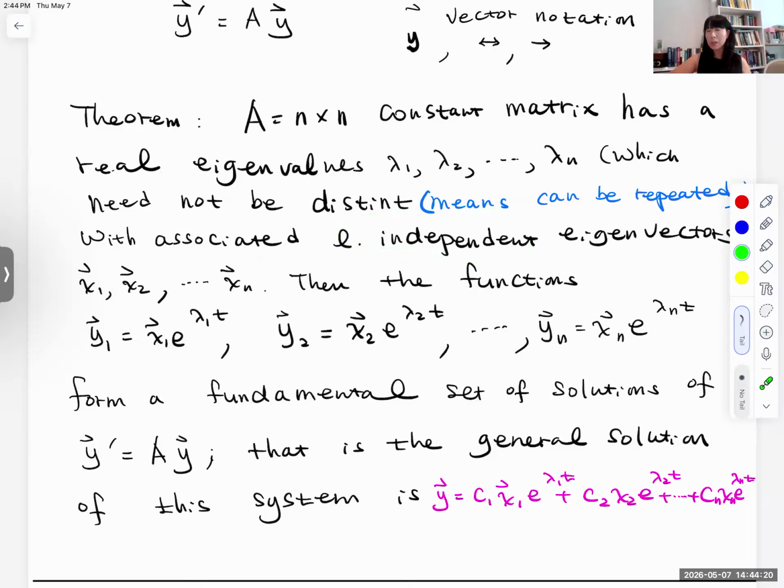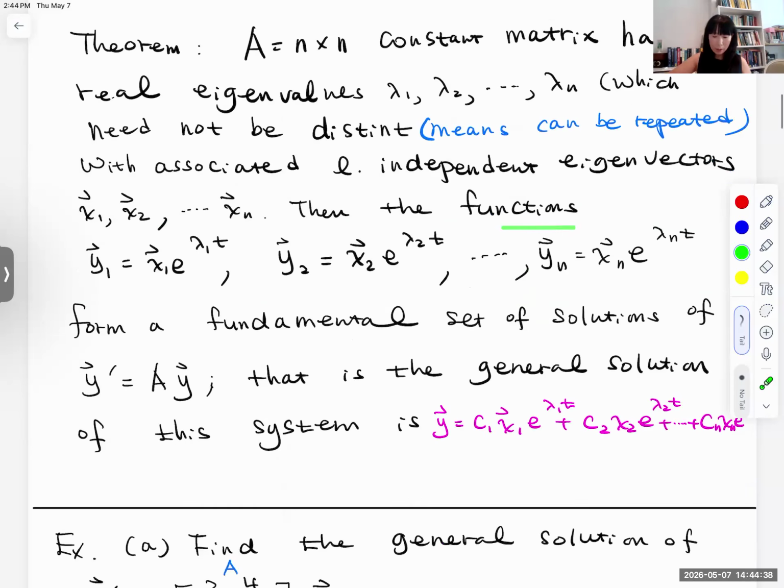So with the associated linearly independent eigenvectors, then if we have a trivial solution, all the elements equal to 0. And we have linearly independent eigenvectors x sub 1, x sub 2, through x sub n, and the functions y sub 1 equal to x sub 1 times e to the lambda 1 t. So x sub 1, x sub 2, x sub n are the eigenvectors, and then we have eigenvalues.